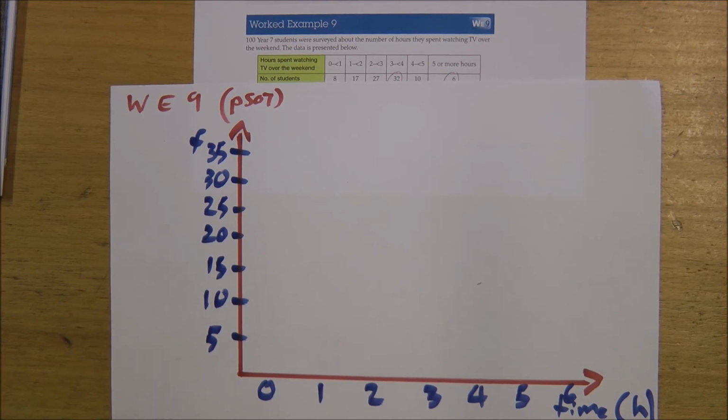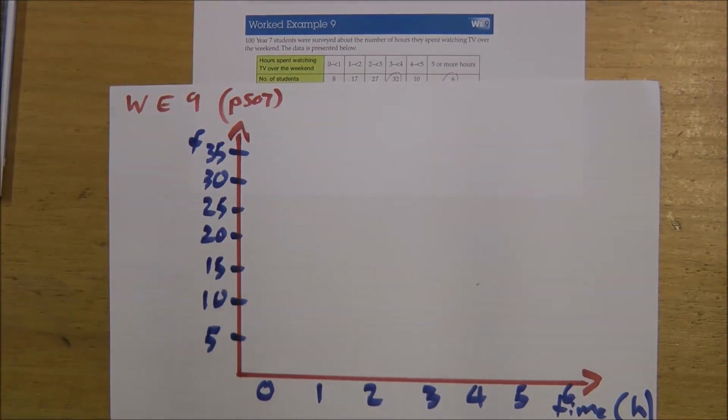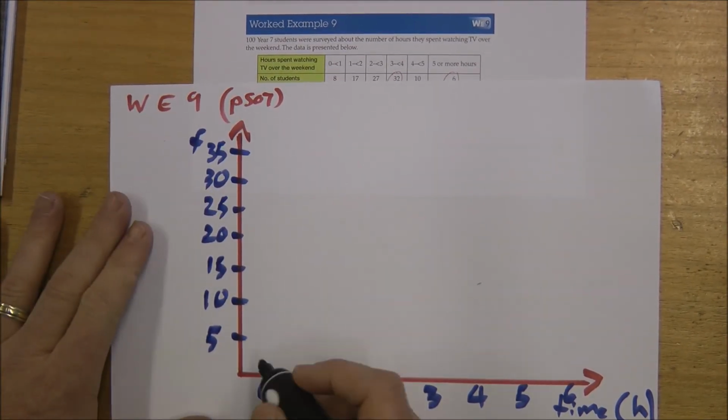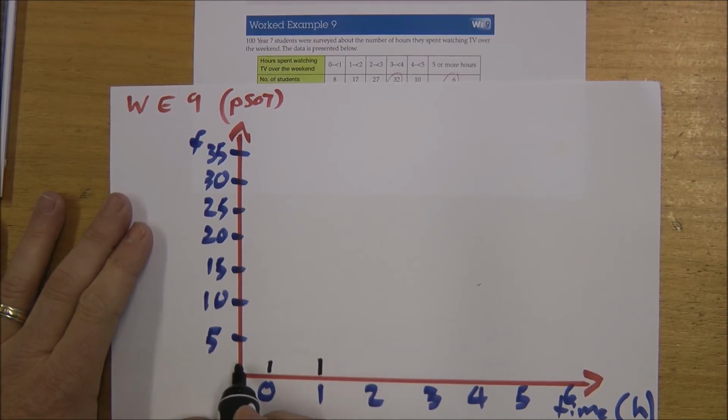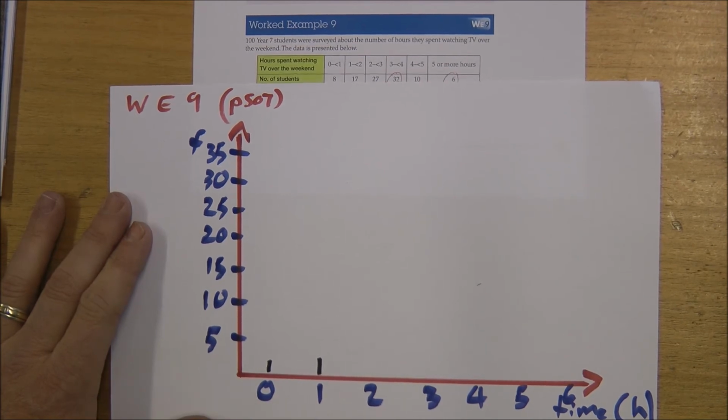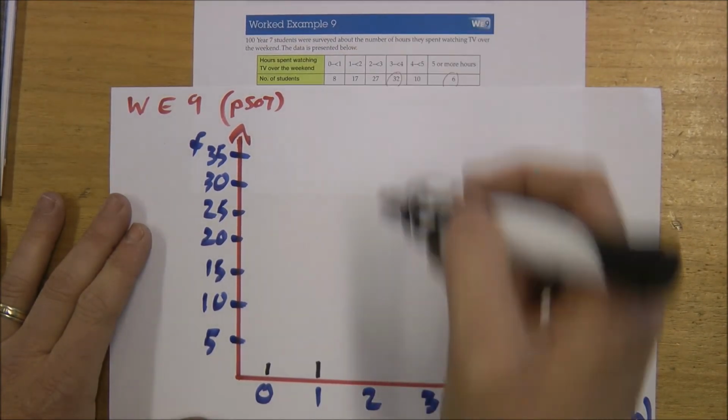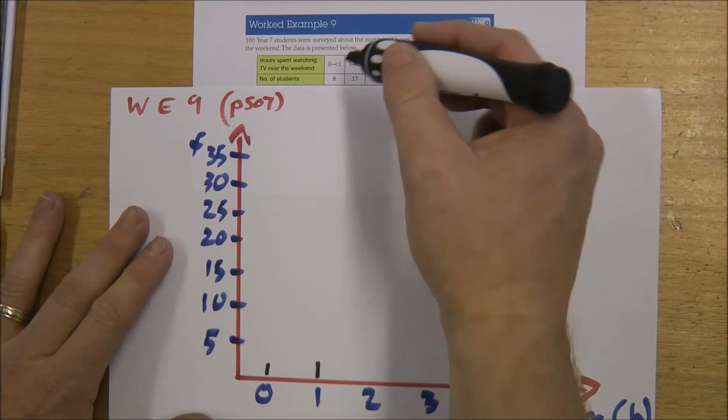Okay, and now we start putting our data on. So, the first group was between 0 and 1 hours, so my bar is going to go between 0 and 1. And you can see I'm leaving about half a width gap at the start here. So 0 to 1 hours had 8 students.